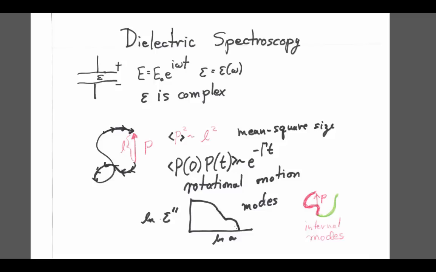Therefore, by building chains of this complicated chemical sort, what are called block copolymers, where one of the blocks is dielectrically active, we can measure polymer internal modes and tell exactly which part of the chain we're looking at when we're talking about the mode. That's actually quite radical. It's a very powerful technique which has only been lightly exploited to date.